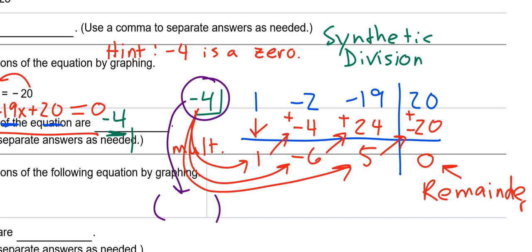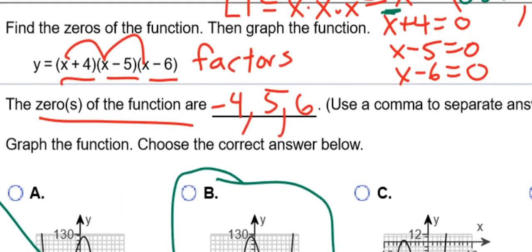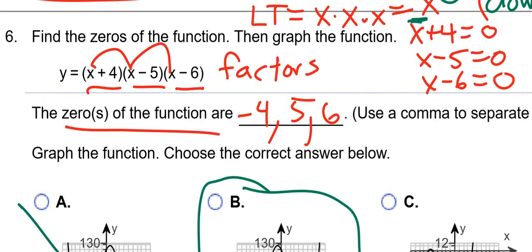Now, the reason that the pause that you're doing right now kind of bothers me is because you and I did question 6 together. We started out with x plus 4, and I asked you what the 0 was, and you guys spit out real fast -4. So all I'm asking you to do is go backwards.